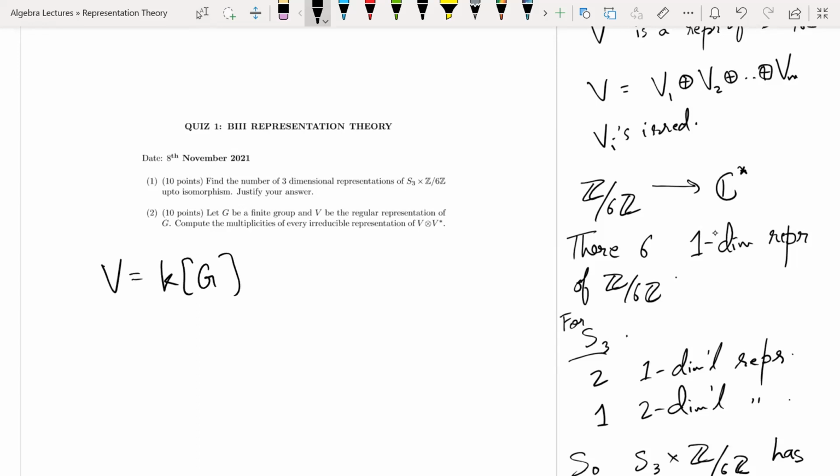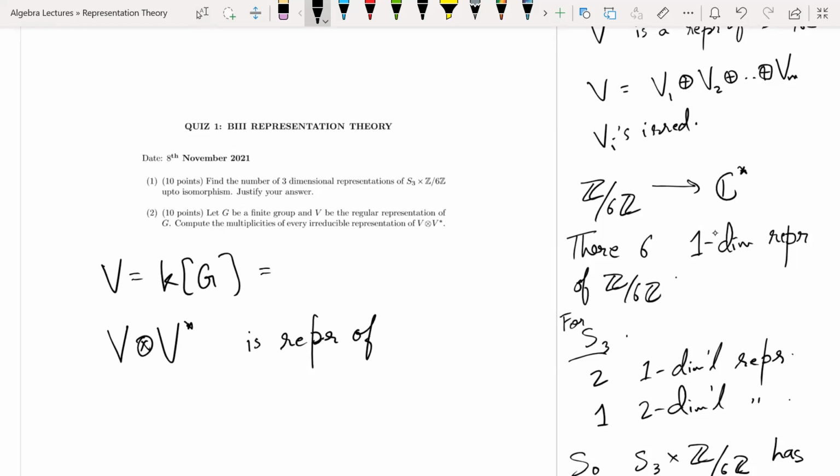The objective is to compute the multiplicities of every irreducible representation of V tensor V dual. So V tensor V dual is some representation of G, and of course V you can decompose as a certain number of irreducible representations.